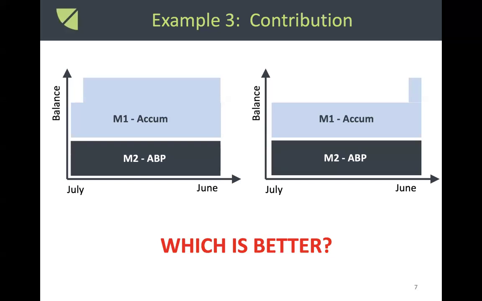So yes, by contributing early in the financial year, you will get a lower ECPI percentage. That's true. However, I think you'll be better off overall because you'd rather have that balance in super taxed at a lower rate than your marginal tax rate.